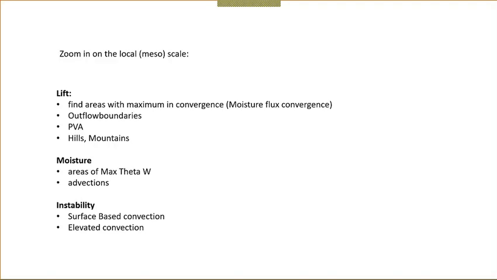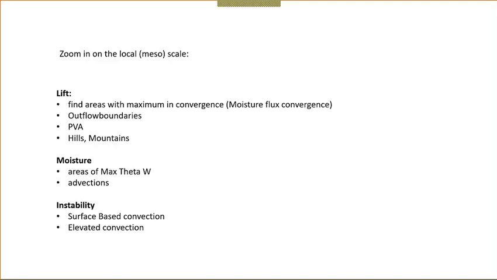If you are living in hilly areas, then of course you also have to take into account the relief, the topography, the hills, the mountains. And again, when you look at moisture, the theta W or theta E values give you quite nice information, as well as advections. And advections can sometimes be tricky. When you look at actual overviews, you have to take into account some local enhanced mesoscale circulations that can produce advections of extra moisture.